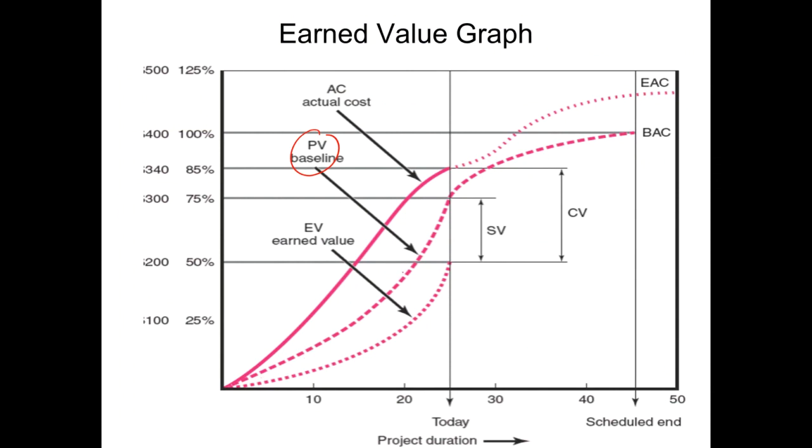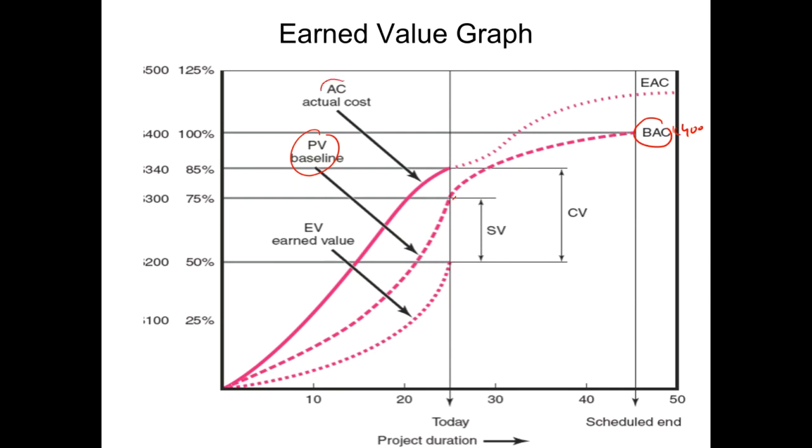So this is what was originally planned in the project, right? And this BAC indicates the budgeted cost at completion. So we can see that the total budget for this project was 400K, right?